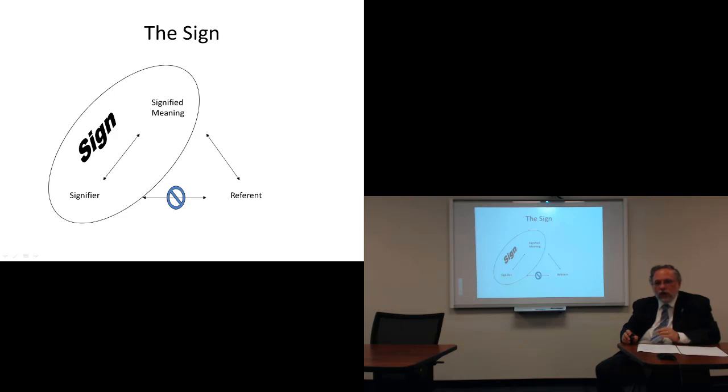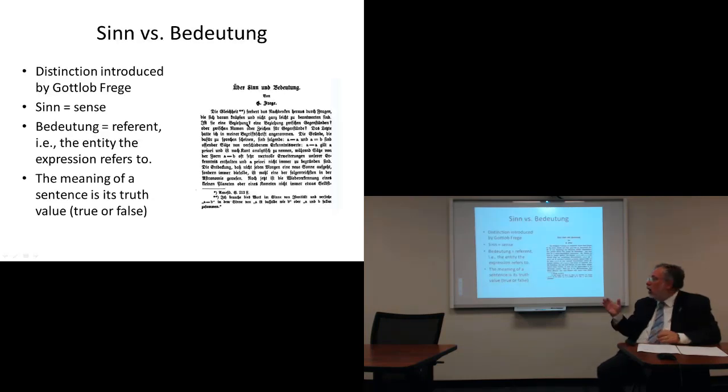So in order to deal with this kind of problem, philosophers stepped in. And when philosophers step in, you're in trouble. Here it's a German philosopher, Gottlob Frege, one of the great logicians in history, and he introduced the distinction between sense and referent, okay, or Sinn and Bedeutung in German.